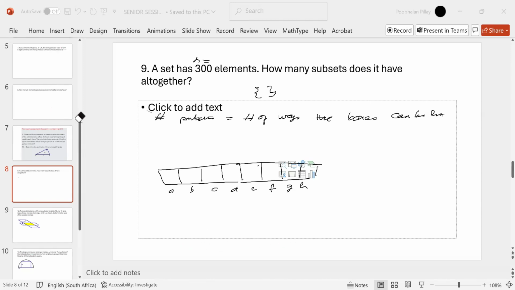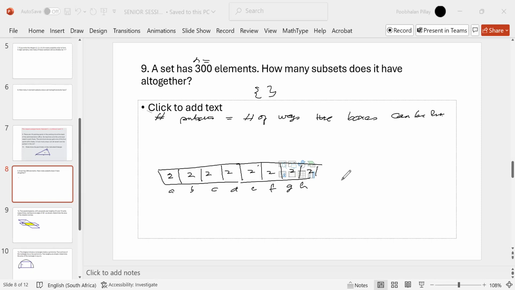All right. The boxes are either lit up, or they are dark. There are only 2 ways in which the status of a box can be obtained. It's either light or dark. So the first box is either lit or it's dark. So there are 2 ways of doing it. This one is either lit or dark. There are 2 ways of doing that. And each one is either on or off. And there are 2 ways in which you can do that.